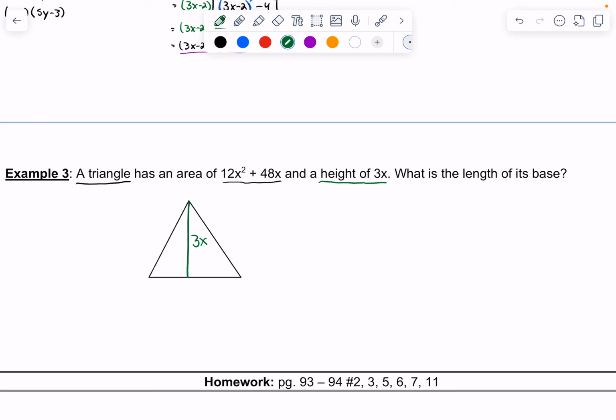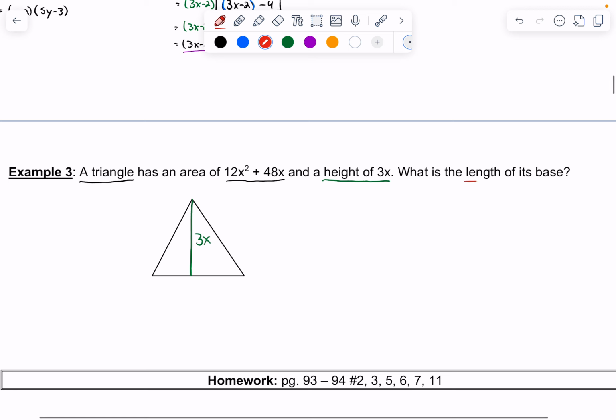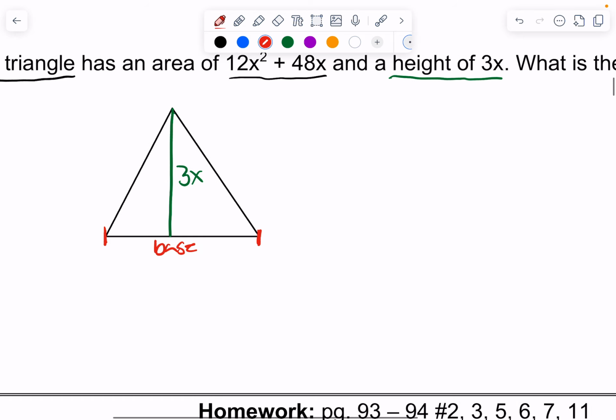So what the question's asking for is, what is the length of its base? So the base is right here. Right, this is the base. I want that dimension right there. All right, so let's call that B. And let's call this H, because it's the height and that is the base.